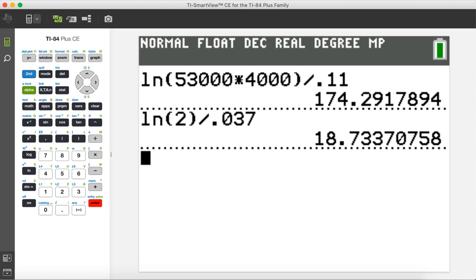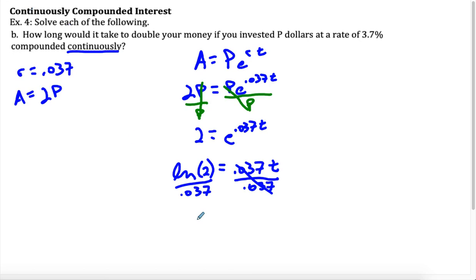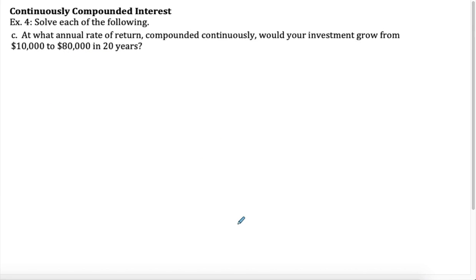So in this case, a little bit more realistic time frame, 18.734 years.